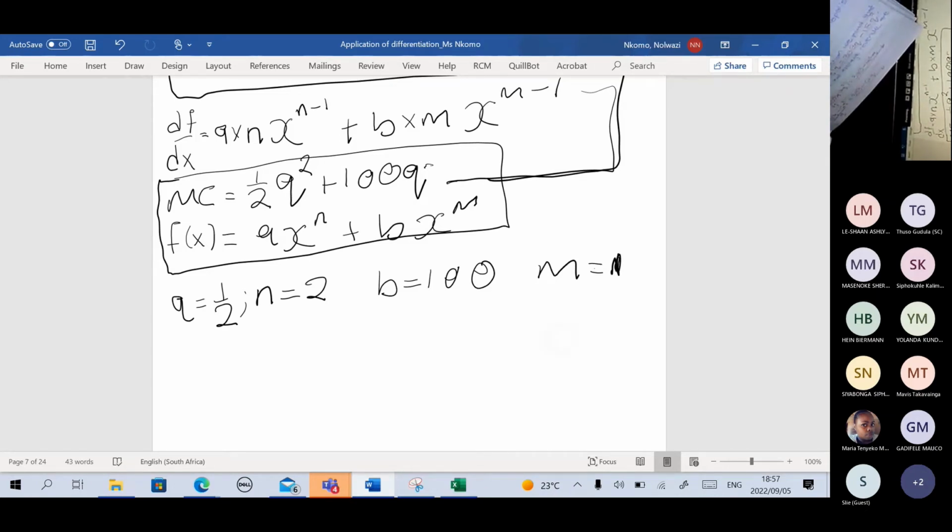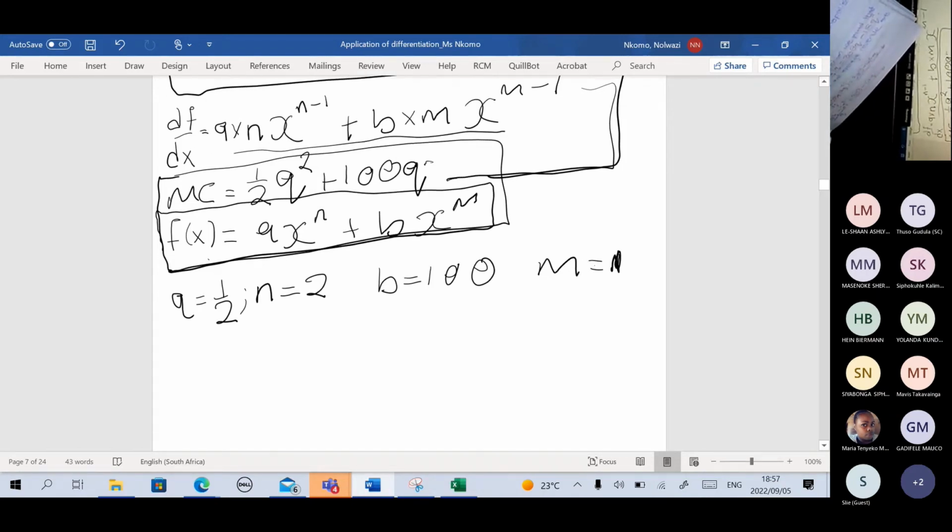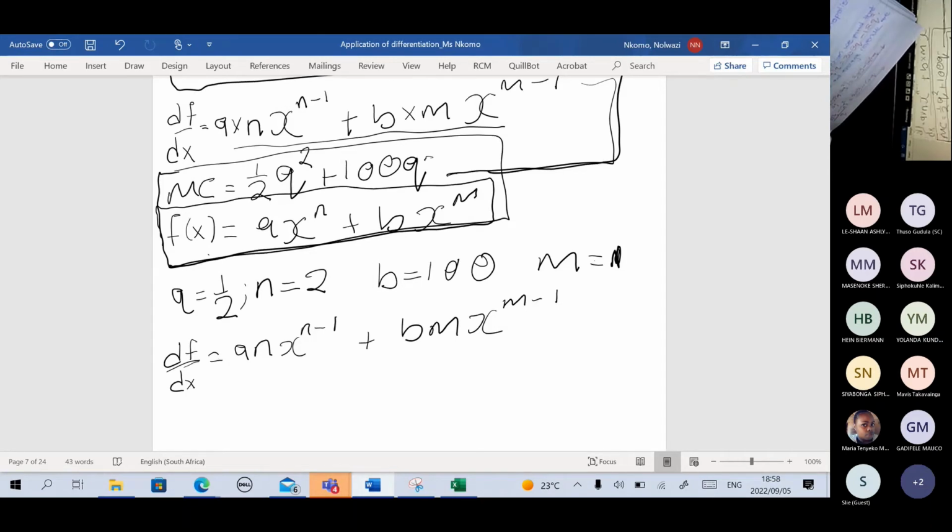And we said if we are given f of x, like in this equation, this means the derivative of f with respect to x would be n a x to the power n minus 1 plus b m x to the power m minus 1, right?